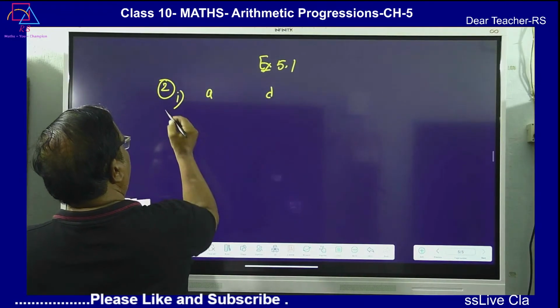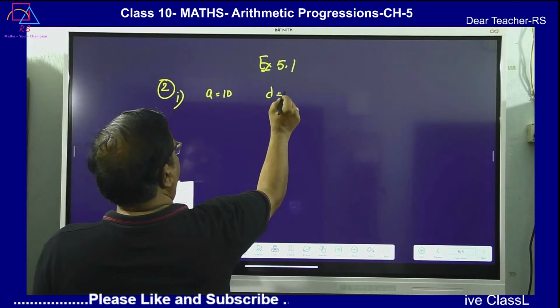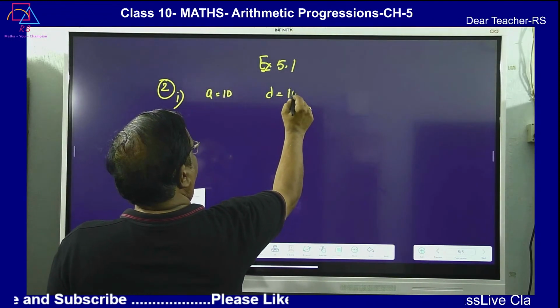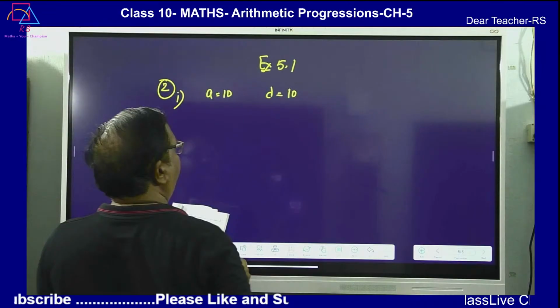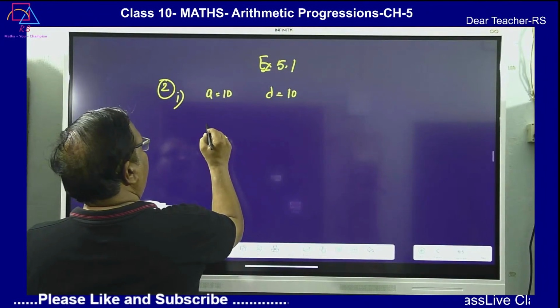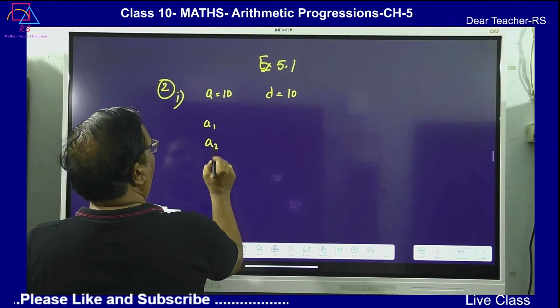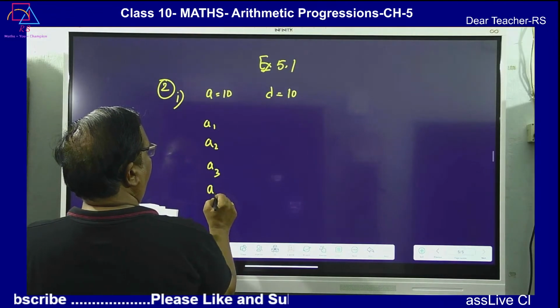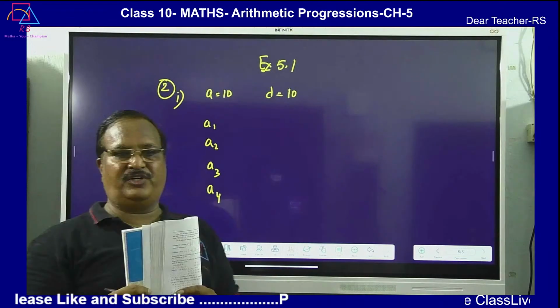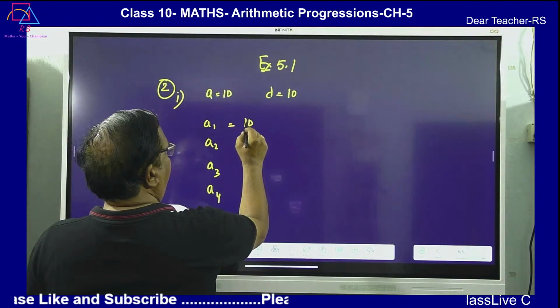Let me do the first bit. a is equal to 10 and d is equal to 10. He asked us to write the first 4 terms, that means we have to write a1, a2, a3 and a4. The first term is nothing but 10.